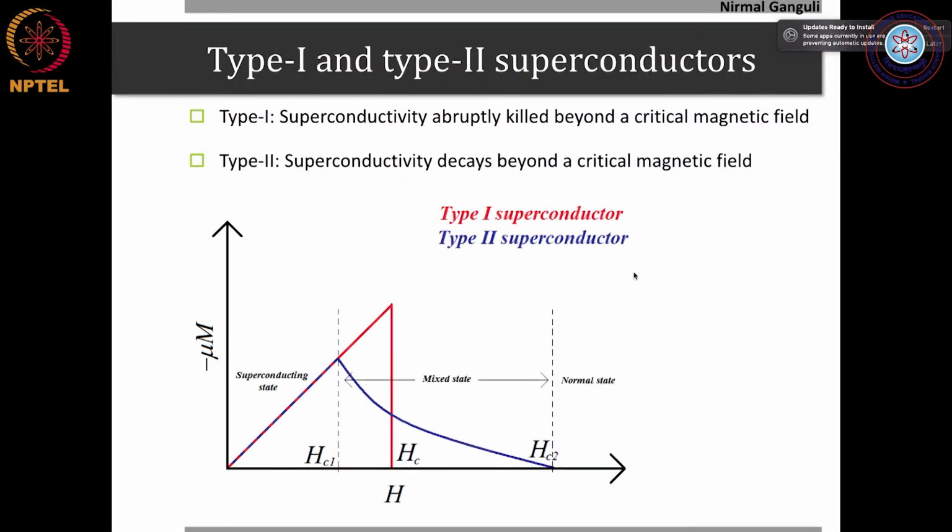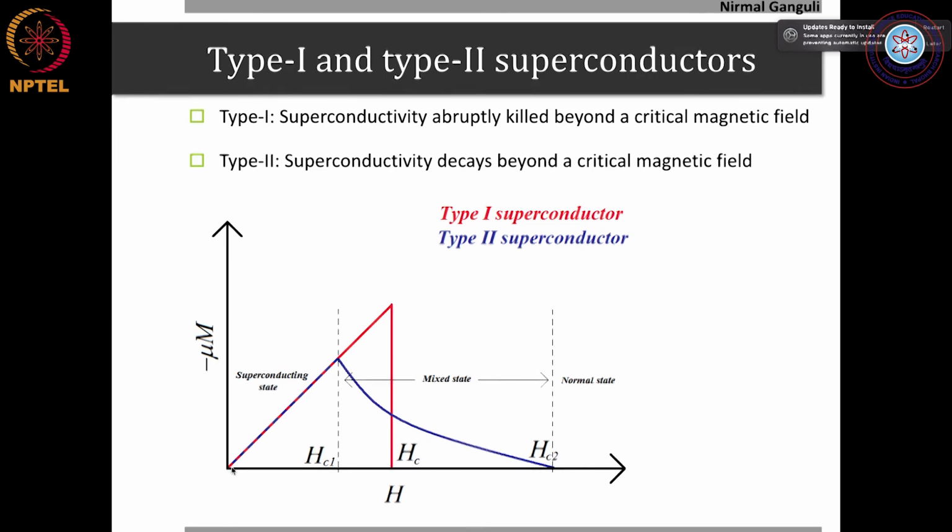Then we discuss type 1 and type 2 superconductors. Type 1 superconductivity is abruptly killed beyond the critical magnetic field, as shown in this red curve here. Here H is the external magnetic field applied and minus mu m is proportional to magnetization.